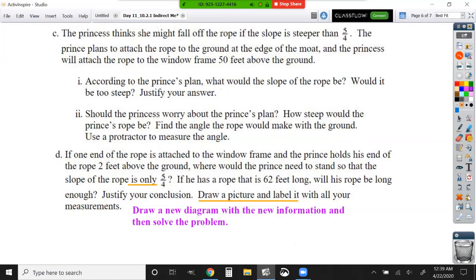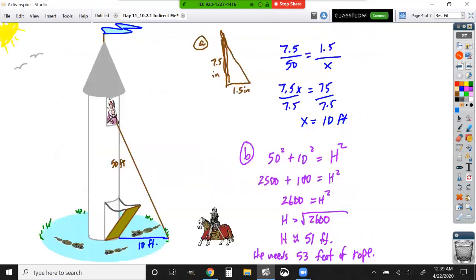Part I, according to the prince's plan, what would the slope of the rope be, and would it be too steep? All right, so this is now part C, I. They want to know if this is the picture, what is the slope of this rope? So part C, we will do that here in red.